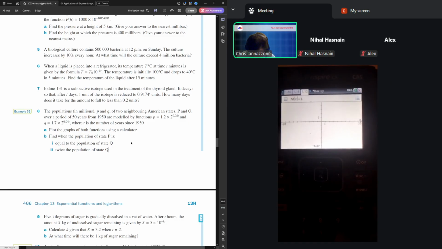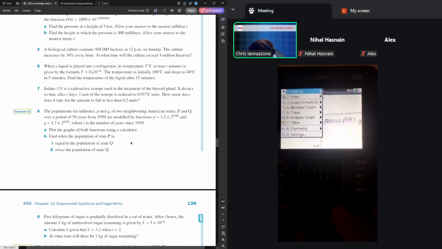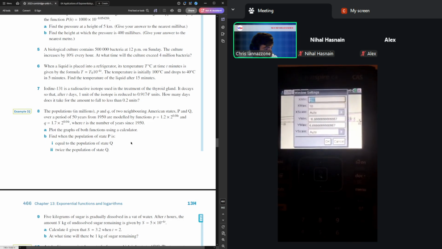First up, 1.2 times 2 to the power of 0.08x, and 1.7 times 2 to the power of 0.04x. So you can see already it's actually getting crossed over. What's a reasonable domain here? T is number of years since 1950, sure.